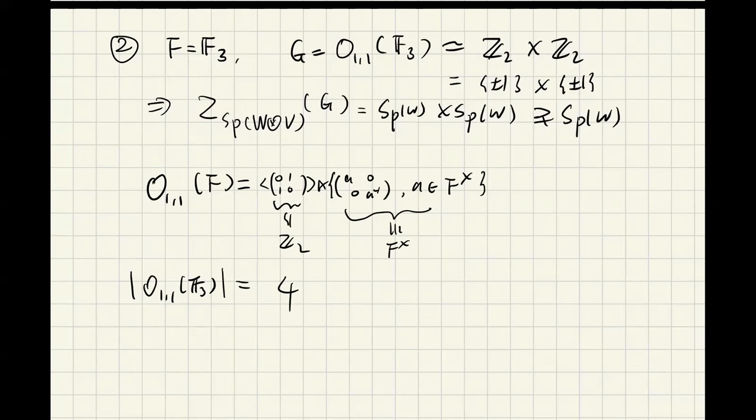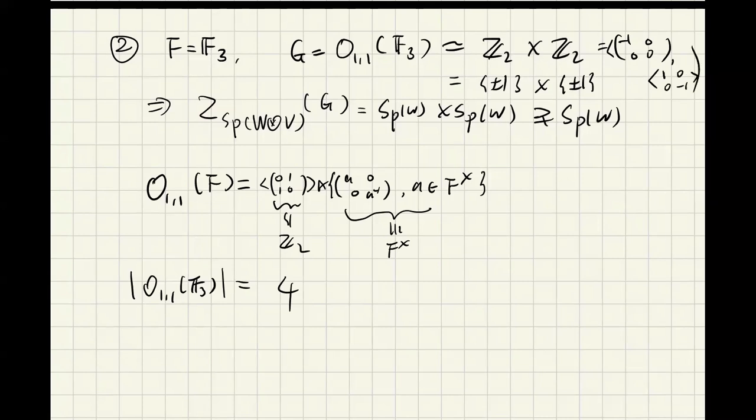Okay, and this one you can clearly identify as generated by this element, I think -1, 0, and this element 1, 0, 0, -1, I think.